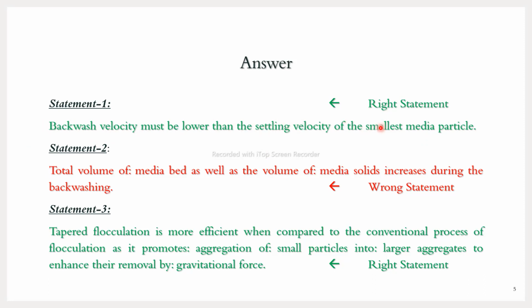See, the filter media is basically filled with sand or some other particles. They are the media particles. So if the backwash velocity is more than the settling velocity, then the media particles inside the filter chamber will go out with the backwash water in a reverse direction, right? That's why backwash velocity must always be lower than the settling velocity of the smallest media particle.